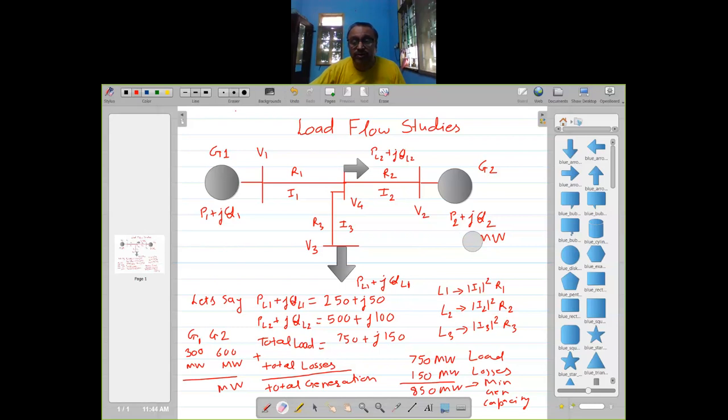So let me have it as 550 and 300. Let us load this to maximum. So let us say I have distributed it this way. I have used hydro to the maximum extent.